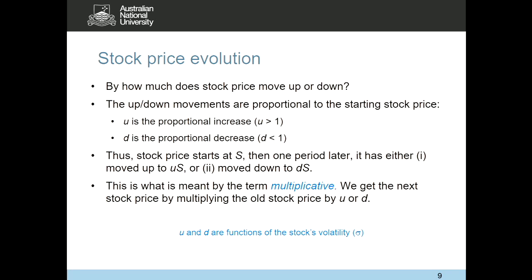Then you take the current share price, multiply by 0.8, and you get the share price in the down state. Does it make sense? So we take the current share price, multiply by the proportional increase and decrease, and we get the share price in two different states. That's what I really meant by multiplicative.